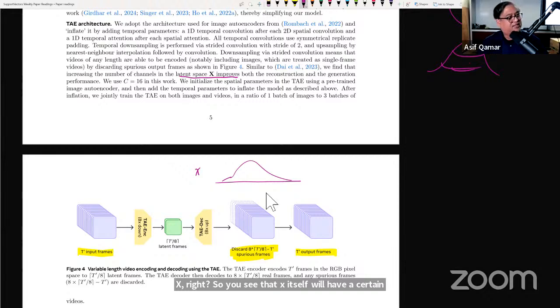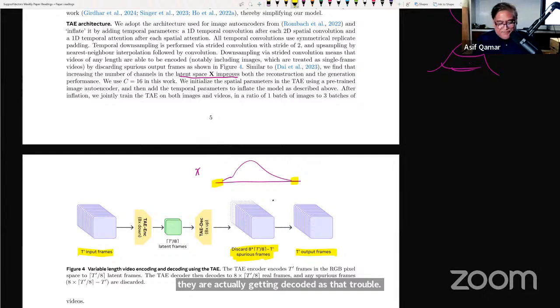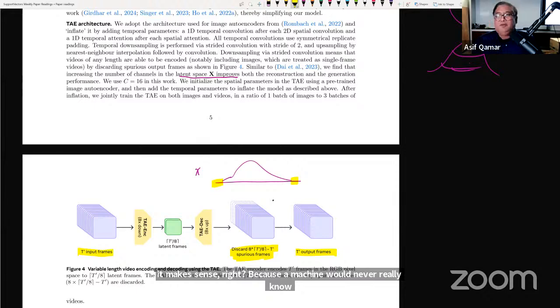What they claim is that the outlier values of the latents in the latent space are actually getting decoded as that trouble. And it makes sense, because a machine would never really know. There isn't enough information to figure out what to decode it into. Does it look like a bear or a horse, or what is it?